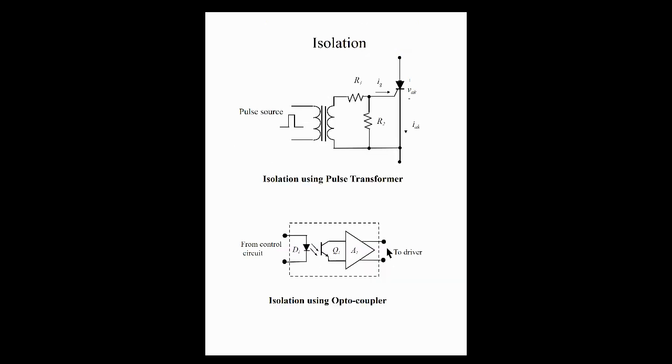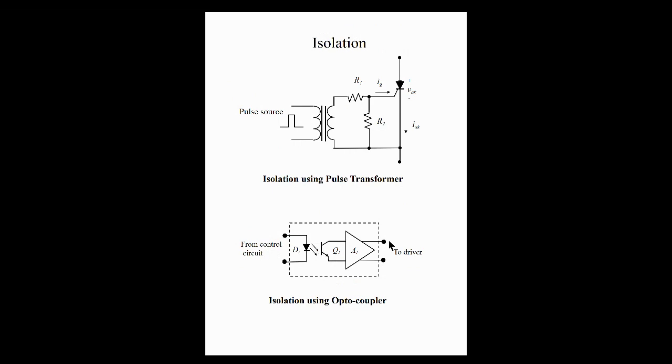If you look at isolation, we can use what we call a pulse transformer for isolation. In this block, we could have just an LED. From our control circuit, we connect it to our LED. If it turns on, it shines light onto the base of a transistor, thereby switching it on. No light, it switches it off.